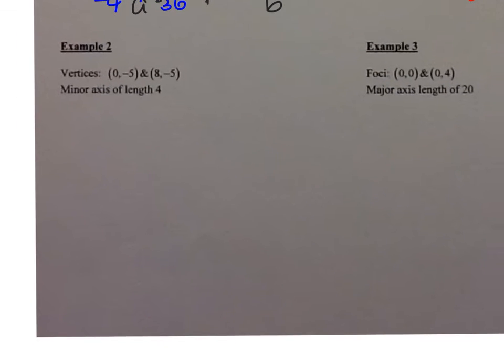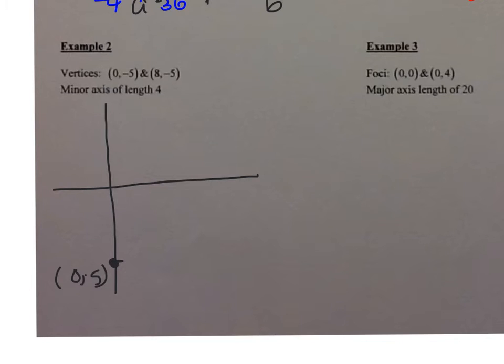All right, so number 2, I give you vertices (0, negative 5) and (8, negative 5). So let's draw a picture. Start with that. So I have (0, negative 5) down here. That's one vertex.